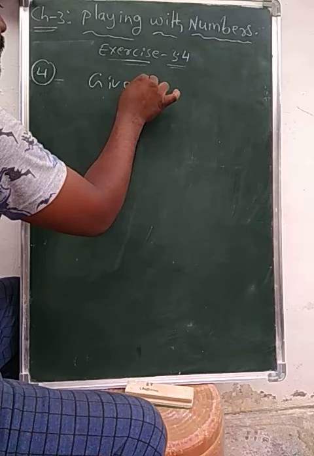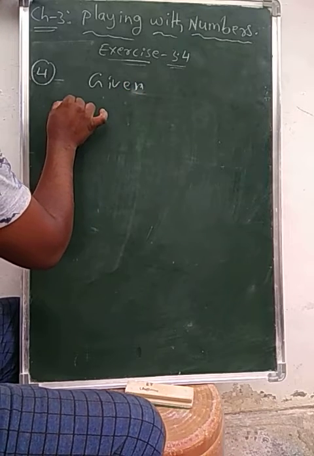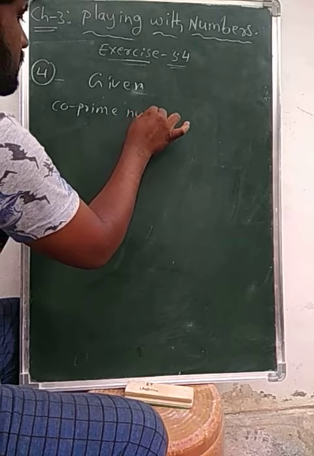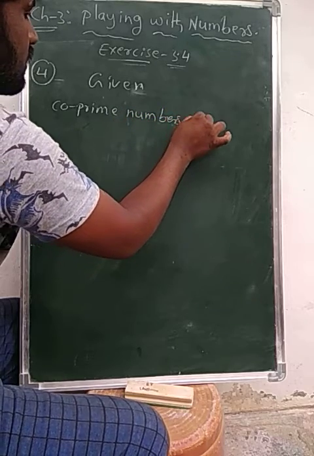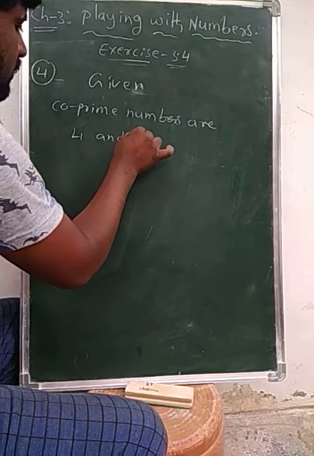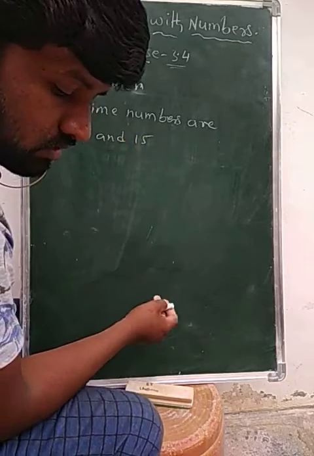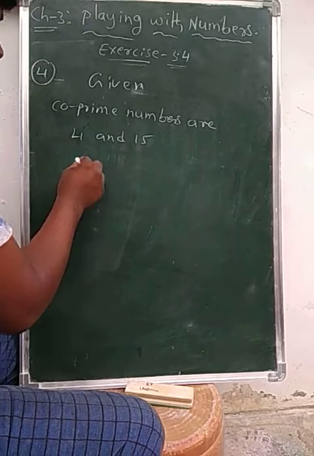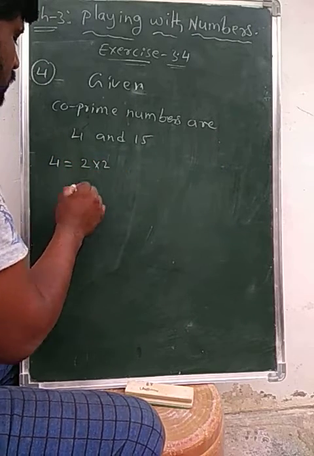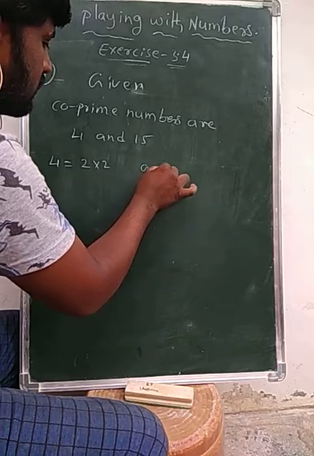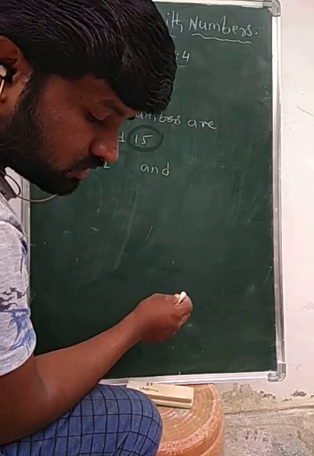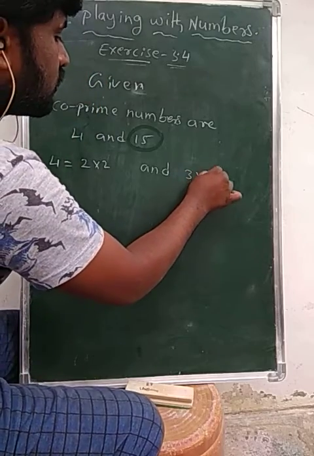The given coprime numbers are 4 and 15. 4 can be expressed as prime factors 2 into 2, and 15 as 3 into 5.